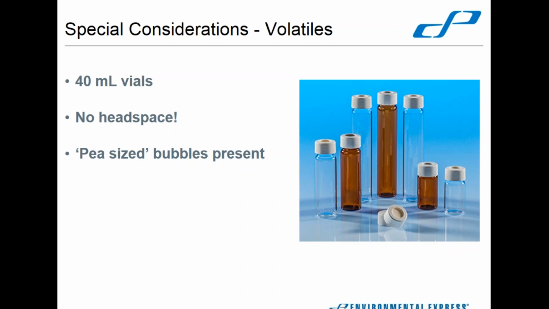And I think these words are still present in the guidance: a pea-sized bubble is all that you are allowed to have. And that is just to help ensure that you do not lose any of your analytes from evaporation out of the sample.